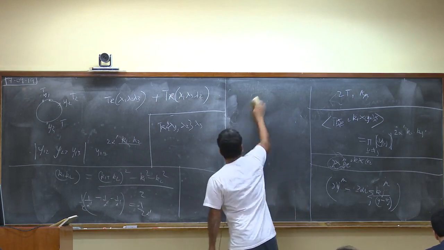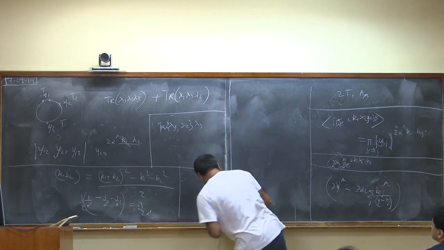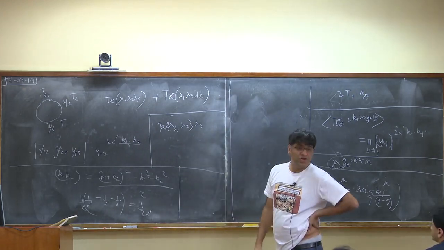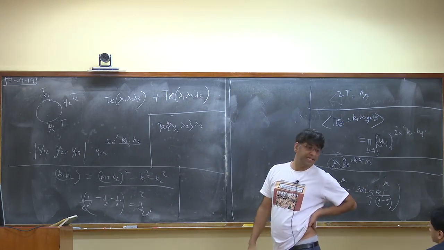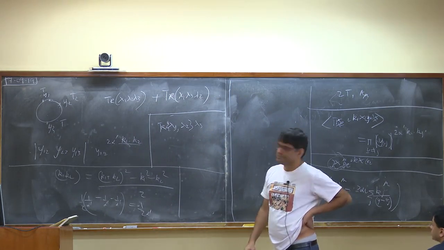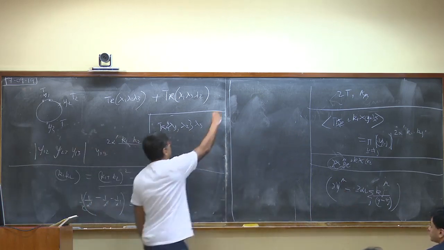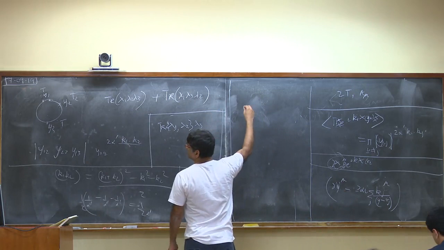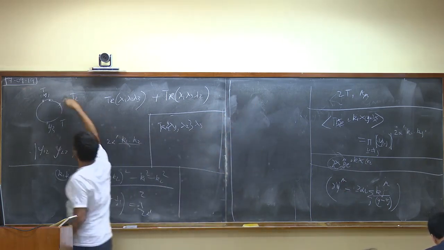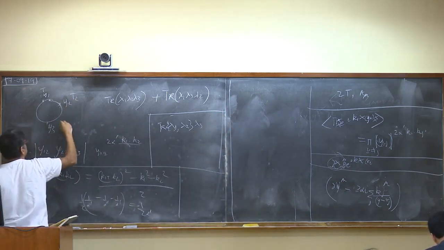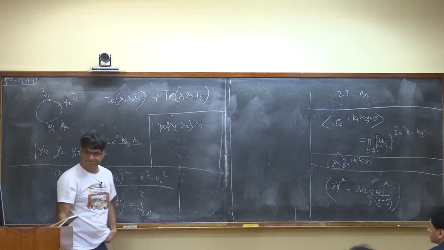Okay, now let's do another example, which is 2 tachyons and a gauge boson. So let's say that we've got tachyons at y1, y2 and a mu at y3.